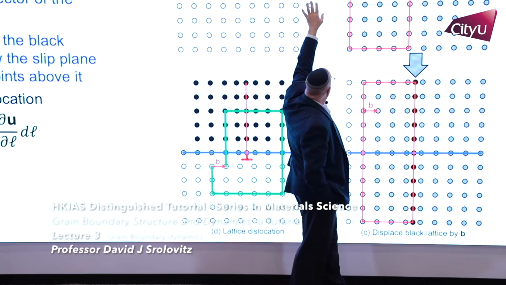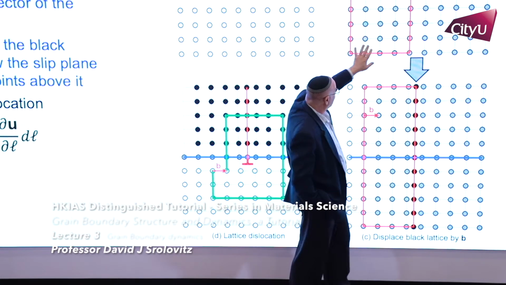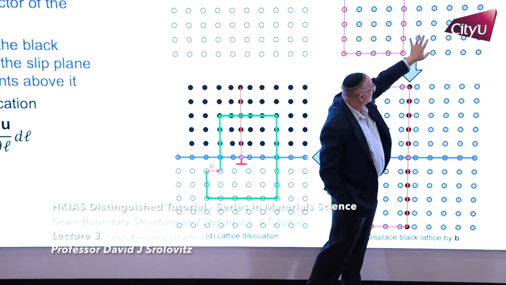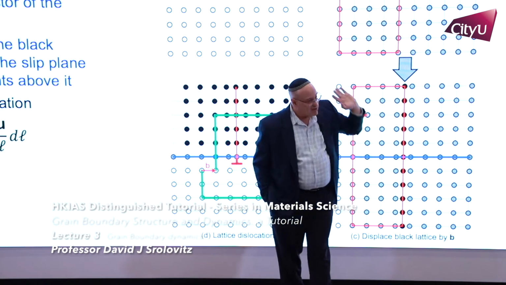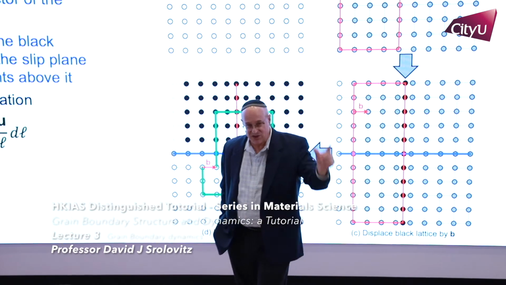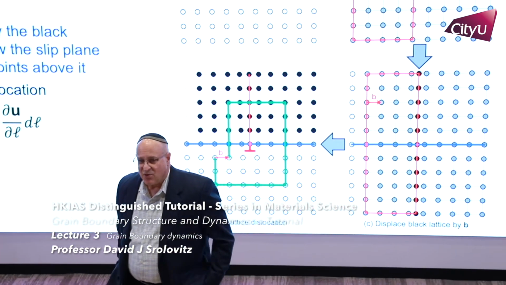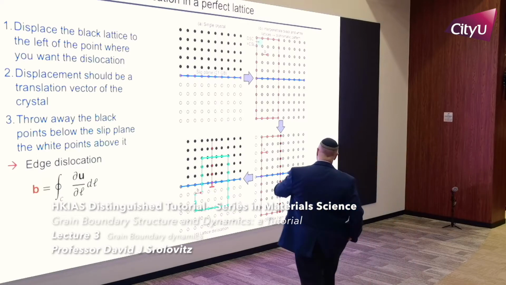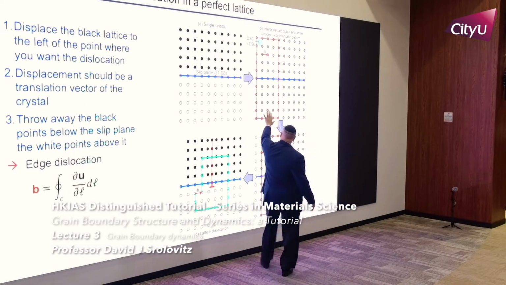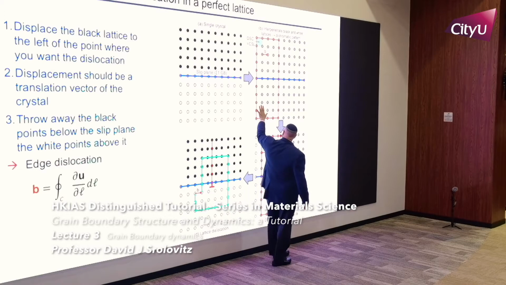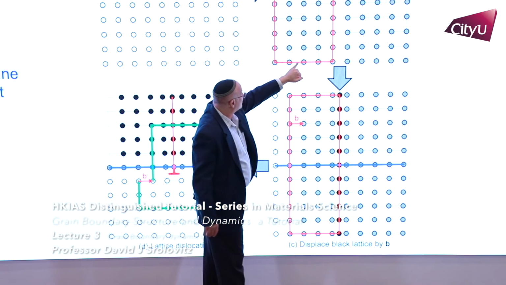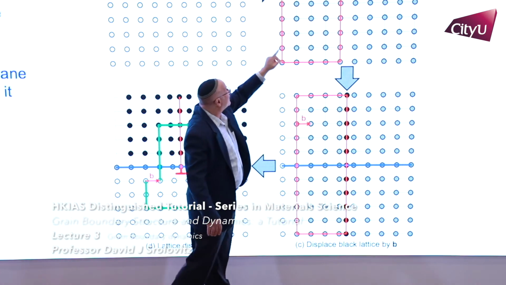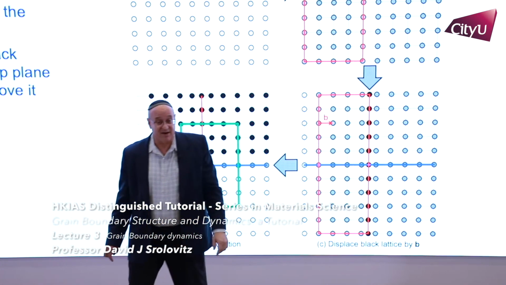So again, I've extended the black atoms down, the white atoms up, and I end up with all these gray atoms. And I'm going to just color some region here yellow. And then in that yellow region, I'm going to translate this crystal, all those atoms here, all the black atoms here, to the right according to a translation vector of this lattice, shown as the B there.